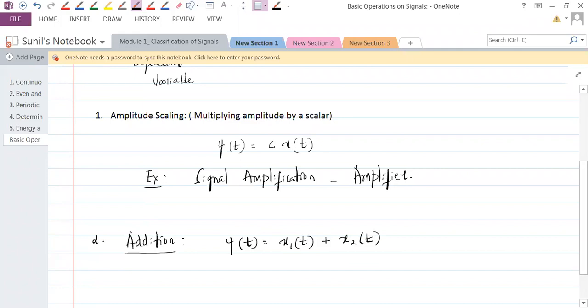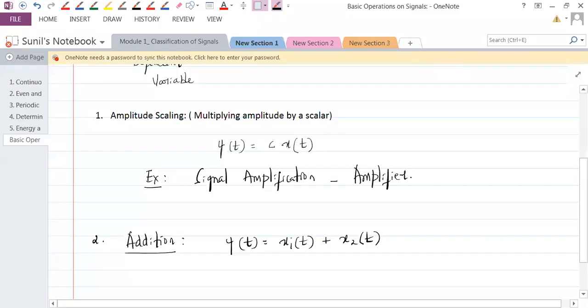So we can have the sum of two signals. We saw such signals when we were checking the periodicity, isn't it? So this is one such signal wherein two signals are being added. Now we shall see where exactly this addition of signals would happen, in which operation. This is the operation performed on signals.